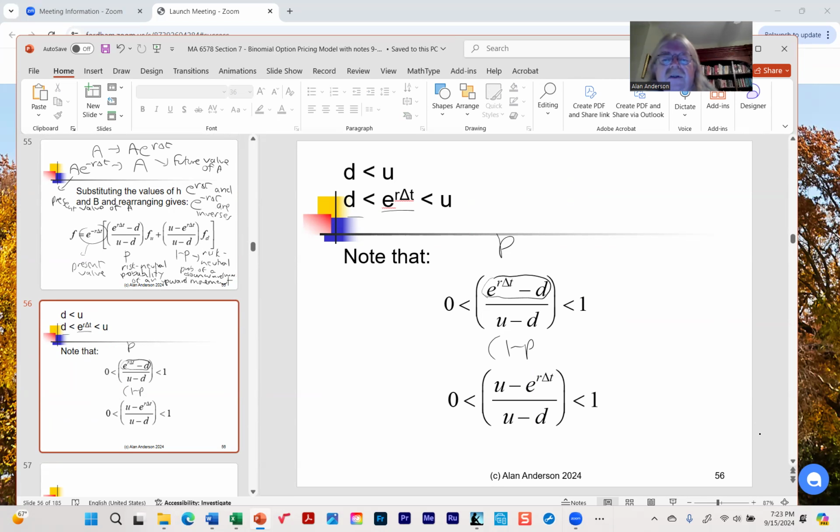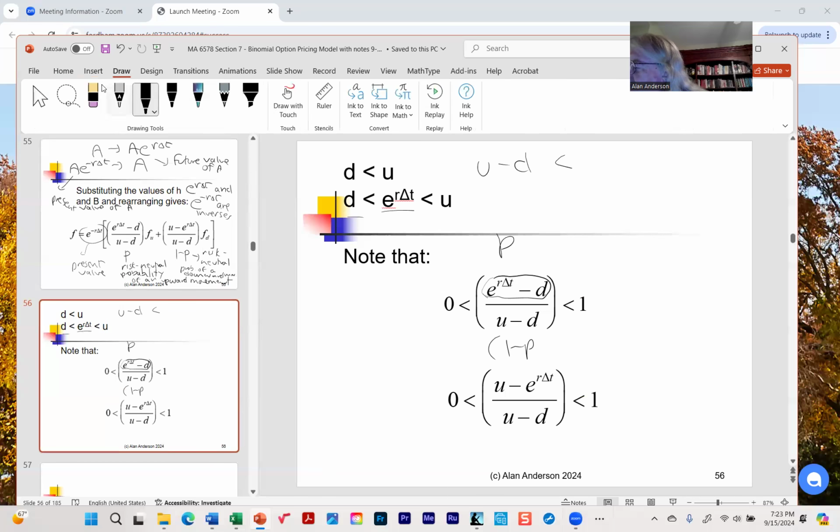So this is positive, but u is assumed to be greater than r delta t, which implies, in turn, that u minus d is greater than... In other words, the numerator is smaller than the denominator, and yet the numerator is positive.